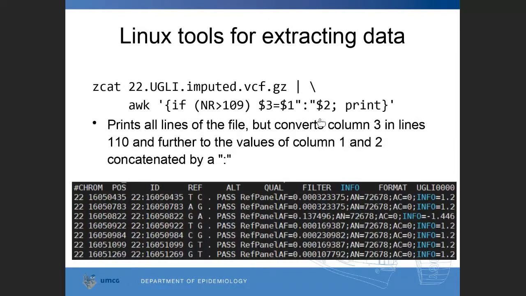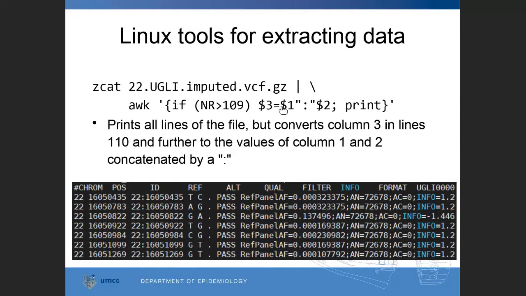Or alternatively, if you do it like this, if the lines are above 109, so from line 110 and on, I want to change the ID in column 3 to the chromosome and then the position. So I want to change this ID.